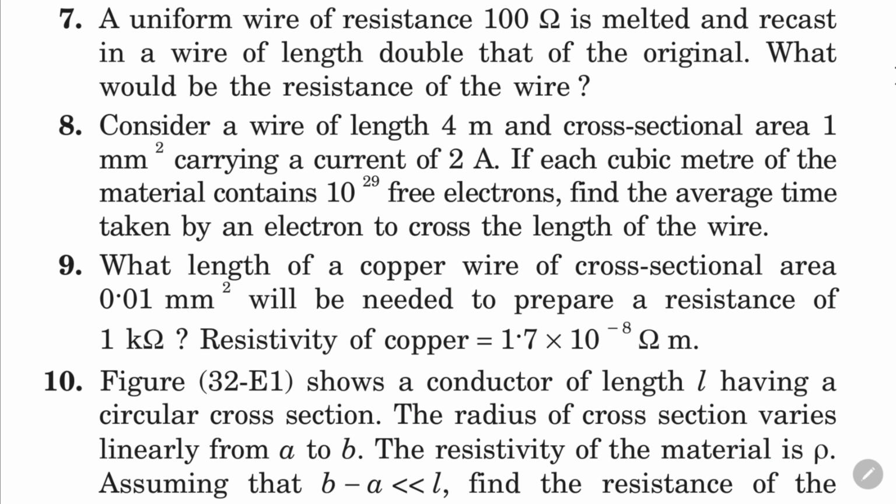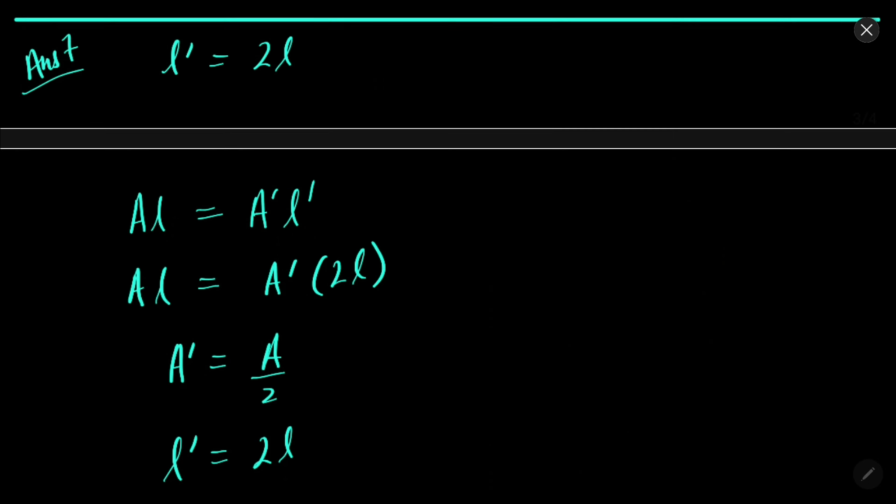In question 8, we need to consider a wire of length 4 meter with some cross sectional area and current. Now if each cubic meter of material contains some electrons, we need to find the average time taken by an electron to cross the length of the wire. So this is the 8th one.